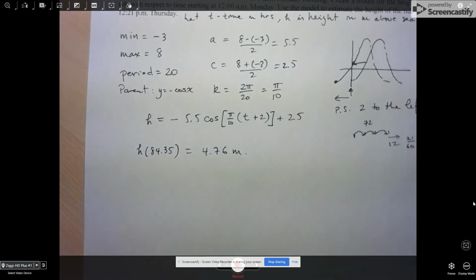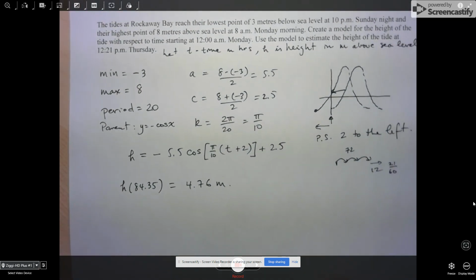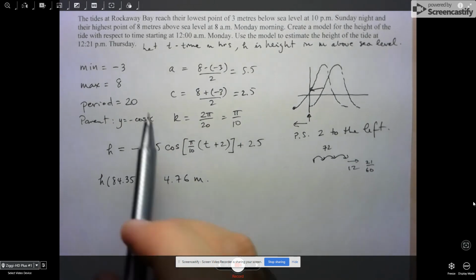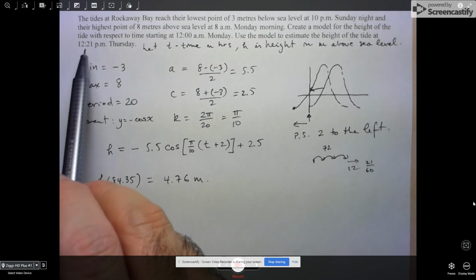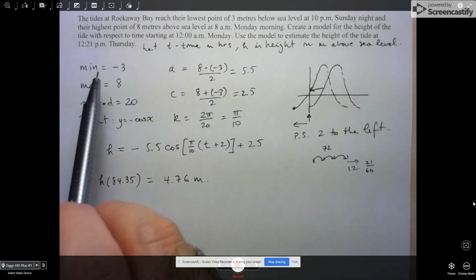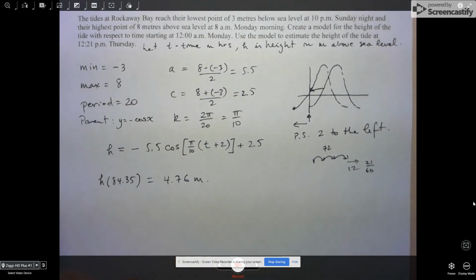Sorry about that. All right, so in the end, what this tells us, so if we need to know the tide, say we need to maybe ride a boat in that vicinity or try to walk across a certain portion of the shore, I need to know whether 4.76 meters above sea level will be safe for whatever it is I'm trying to do.